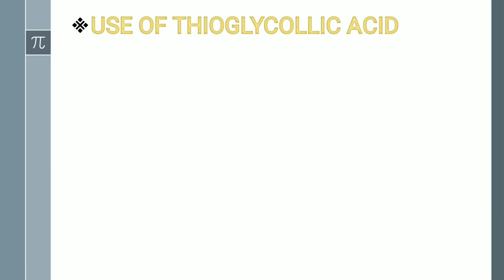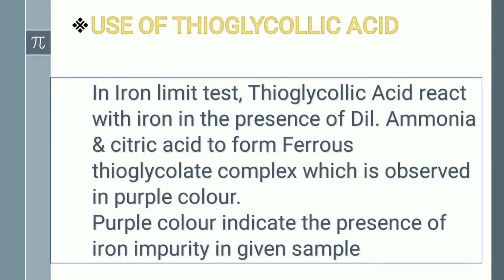Our next reagent is thioglycolic acid, used in the iron limit test. In the iron limit test, thioglycolic acid reacts with iron in the presence of dilute ammonia and citric acid to form a ferrous thioglycolate complex, which is observed in purple color. Here, the dilute ammonia and citric acid form an ammonium citrate buffer, which stabilizes the ferrous thioglycolate complex.